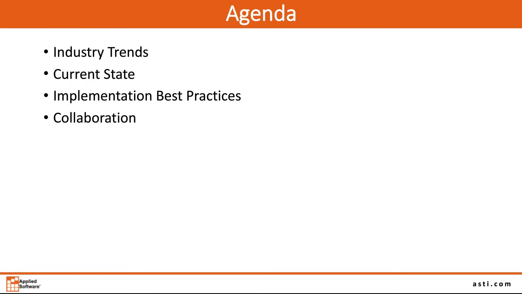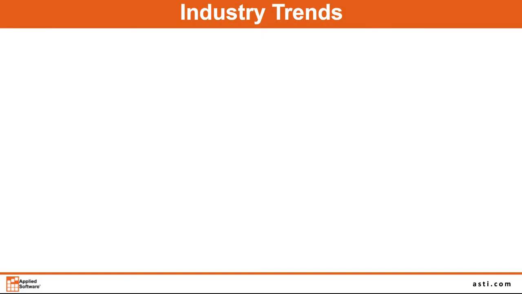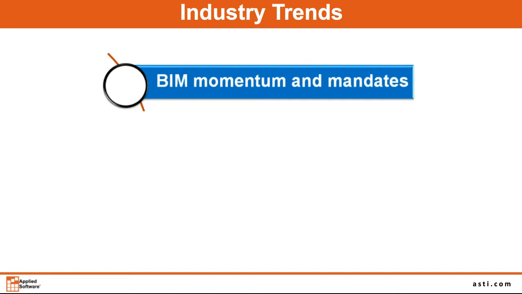So again, first, let's take a look at some of the industry trends that are around BIM and BIM adoption. There are some specific influences that are impacting the architecture, engineering, and construction and infrastructure industries. BIM momentum and mandates mean vast amounts of additional information.